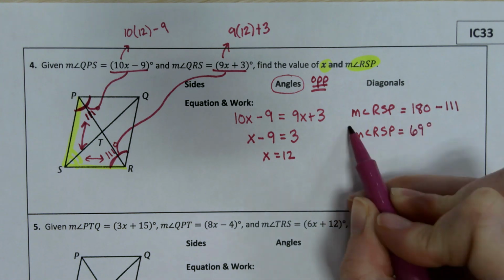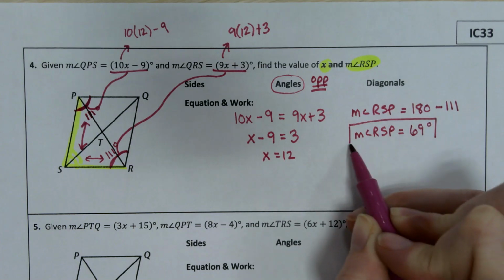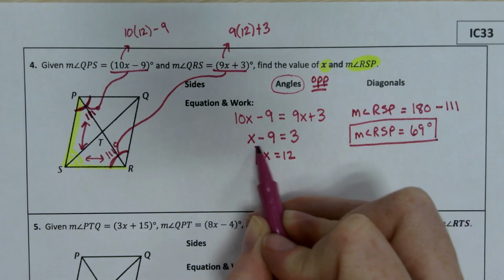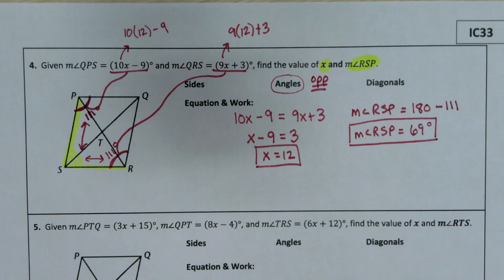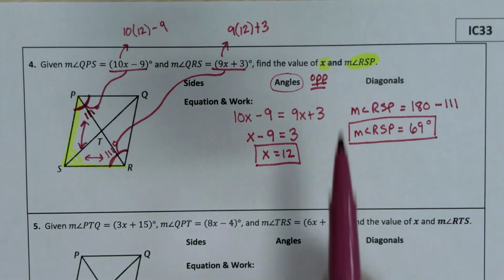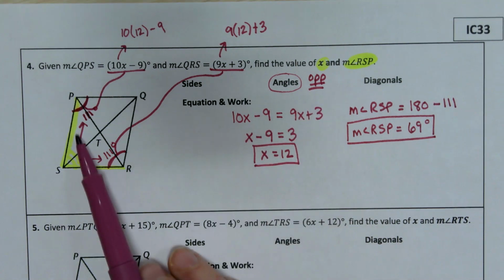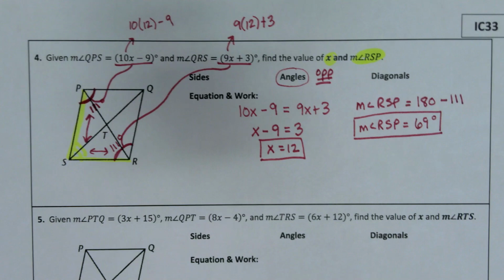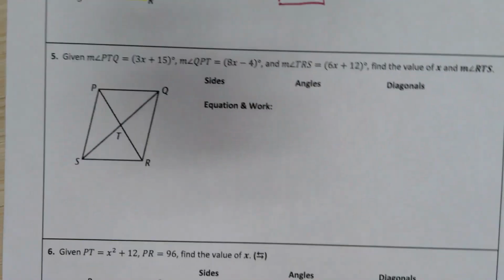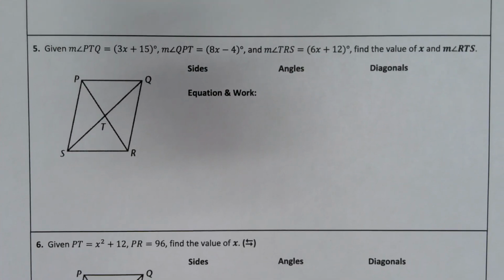Looks like it's going to turn out to be 69 degrees. And now I've got my x and the measure of angle RSP taken care of. Opposite angles to help me write my equation, but then consecutive angles to help me track down that angle measure they were requesting. All right, 2 to go.